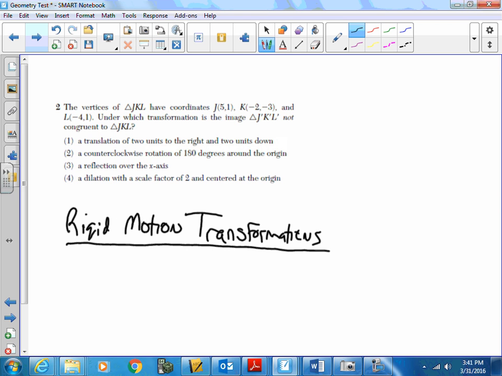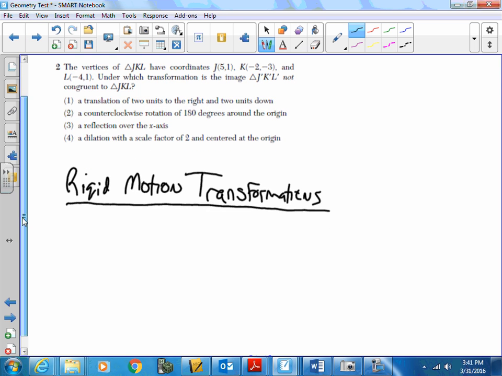And what does that mean? That means that the size and shape are preserved, and the distance between the points is preserved. All right, so rigid motion transformations were translations, that's where a shape is moved, translations, rotations, reflections.